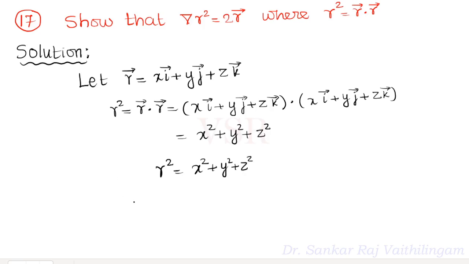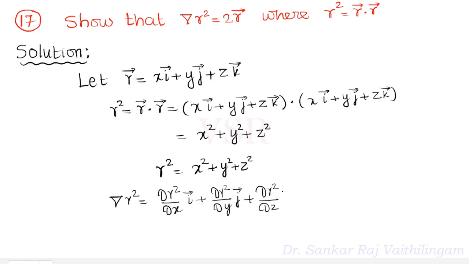Then we know that del r square is equal to, differentiating, dou r square divided by dou x into i vector plus dou r square divided by dou y into j vector plus dou r square divided by dou z into k vector.